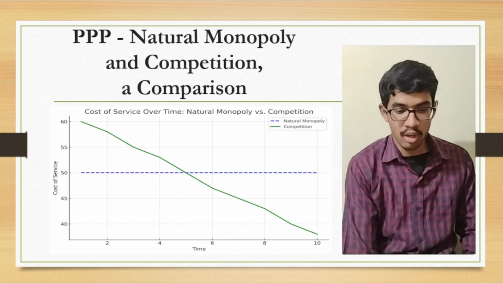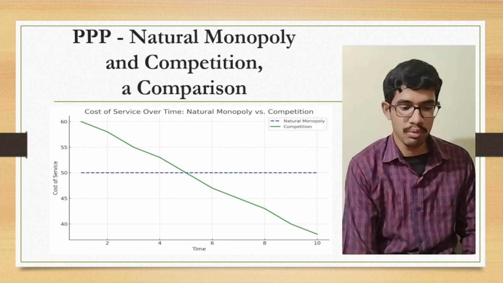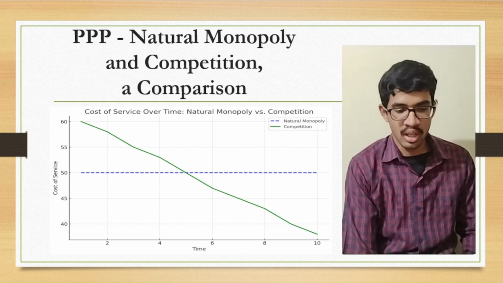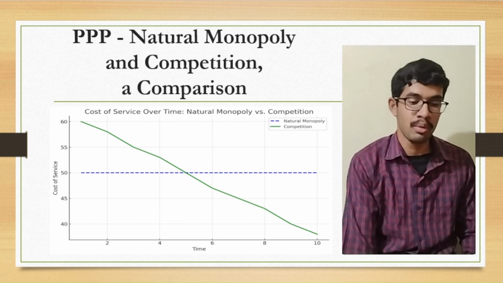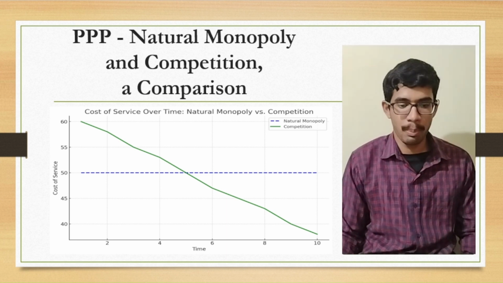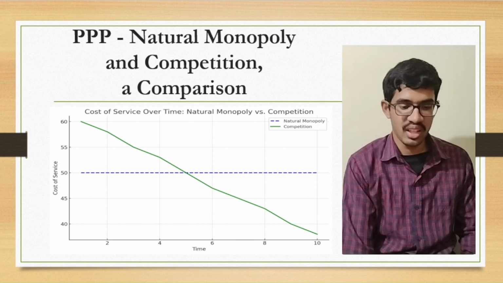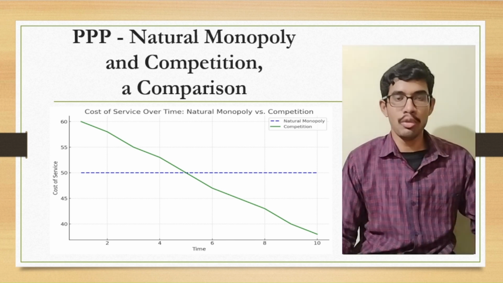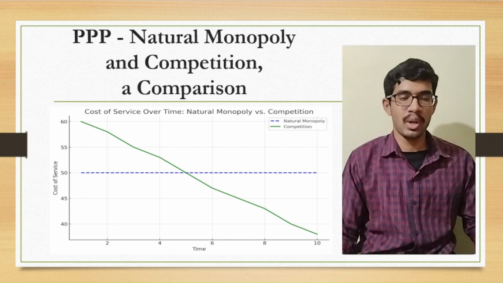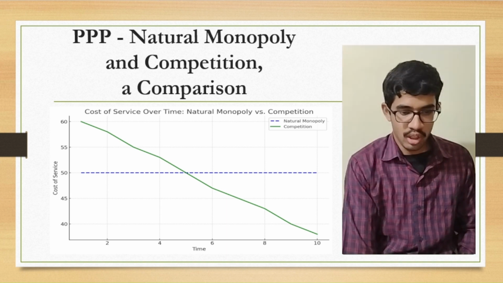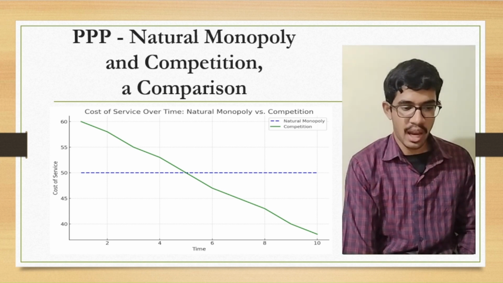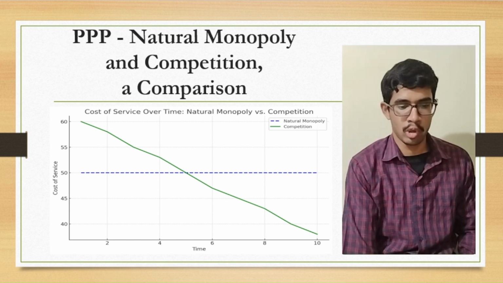But after a number of years, here we can see at the span of 5 years, the cost during the monopoly and the cost during the competition is almost the same. And after a certain amount of time, like 6 years, 8 years or 10 years, the cost will come even further down when we compare it to the natural monopoly. Now this is an exaggerated graph just to visualize how the price per unit in competition comes down with respect to monopoly. So this was all about the example and the graphical representation of natural monopoly and competition.